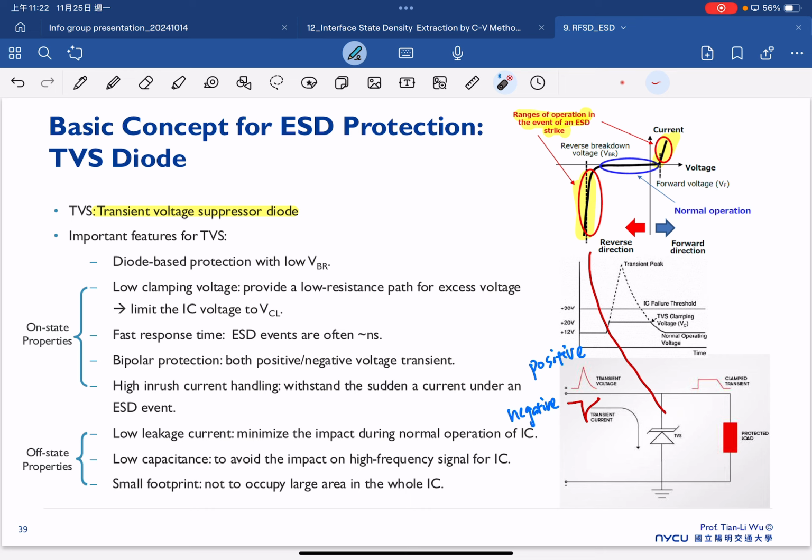The idea is that we have such a transient voltage, but because of this clamping, that's leading to the voltage inside our protected device being lower.